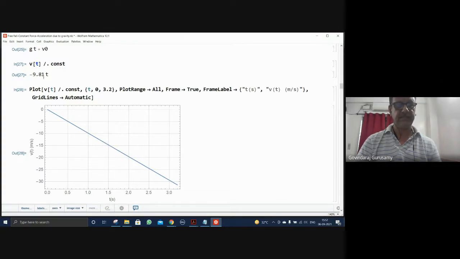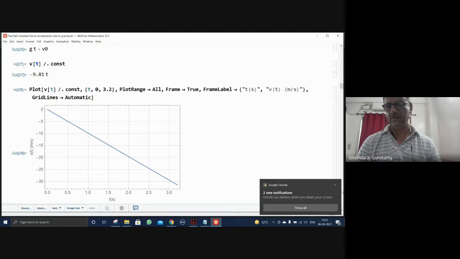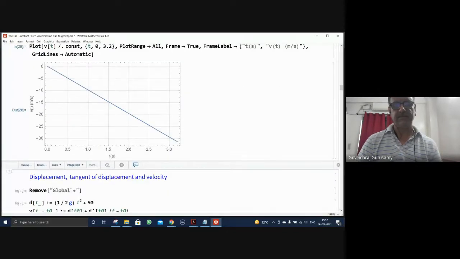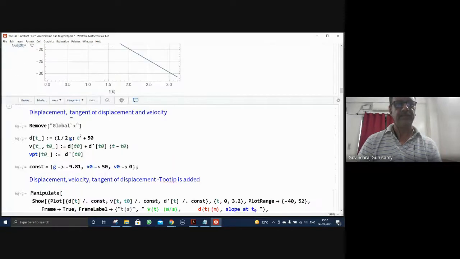It implies that it passes through the origin, and the negative sign shows that the velocity is pointing down. Then for every unit of time, how much is the change going to be? 9.81, 9.81, 9.81, it goes on like that, from 2 to 3, 1 to 2, 0 to 1. Find the slopes, and they're going to be the same. That's what the slope means.